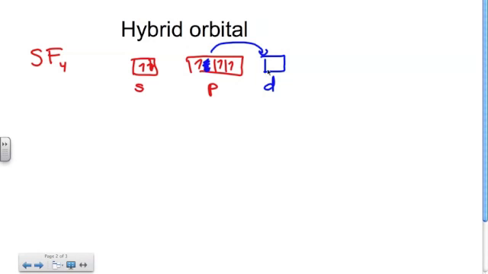So now I am occupying 5 orbitals. How many of each? I have 1 s, I have 3 p's, and I only have 1 d. So I have 5 of those orbitals. And if you remember looking from the shape, if we have 5 of those orbitals, we get a shape that's trigonal bipyramidal.